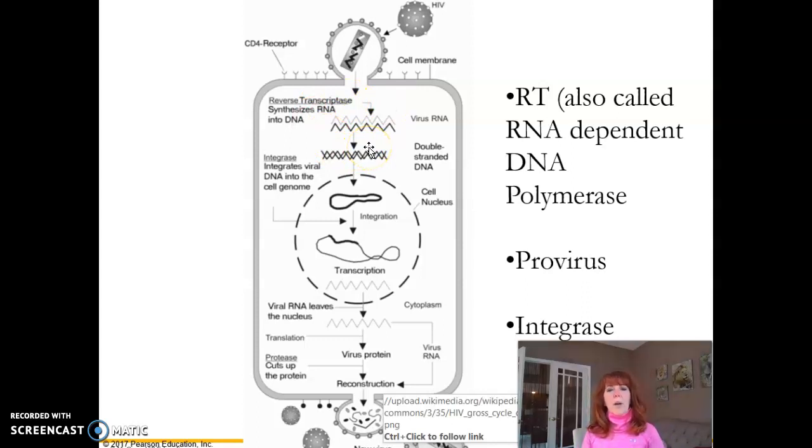Now, this is where this retrovirus part comes into play. The genetic material is RNA, but the virus's goal is to get inside a human chromosome. Our chromosomes are made up of DNA. So the virus needs to make a copy of DNA from the template of its RNA and then make another copy of that so that it ends up with double-stranded DNA that matches the sequence that was up here in the virus.